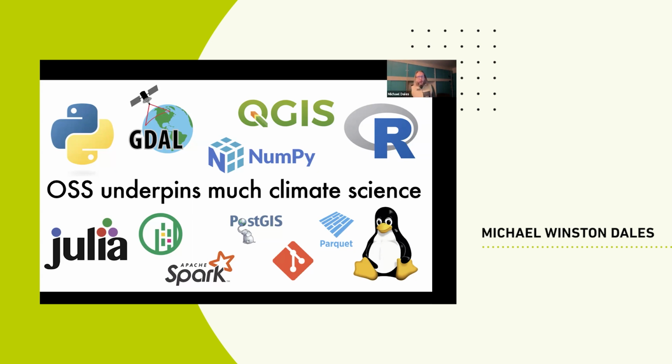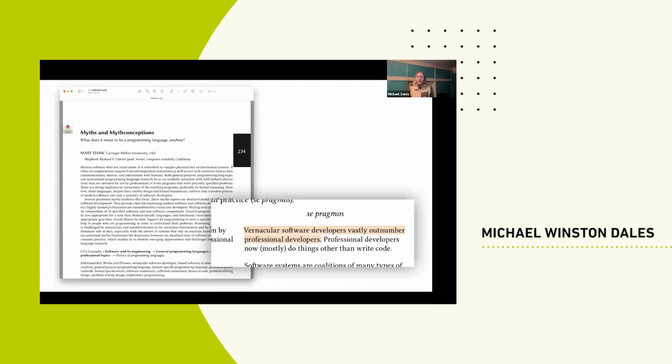I want to be clear, I'm not saying that ecologists are incapable. They are domain experts in another domain. We shouldn't expect them to also be domain experts in computer science. There's this great paper by Mary Shaw about myths and misconceptions of software development, where she looks at common assumptions around software development and tries to stack that up against real-world data.